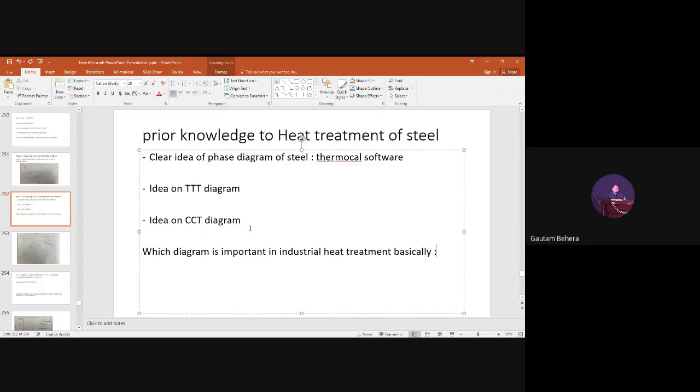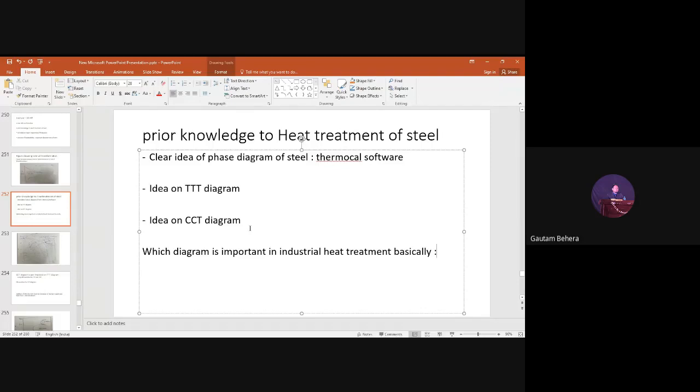When we cool the steel continuously from where? From the austenitizing temperature, from the austenite. We will take the steel to the austenitizing temperature, then from that temperature, when homogeneous austenite has formed, we will cool the steel continuously. It will not be like the TTT diagram, where we cool the steel under isothermal, constant temperature conditions. Here we will cool the steel continuously, right?